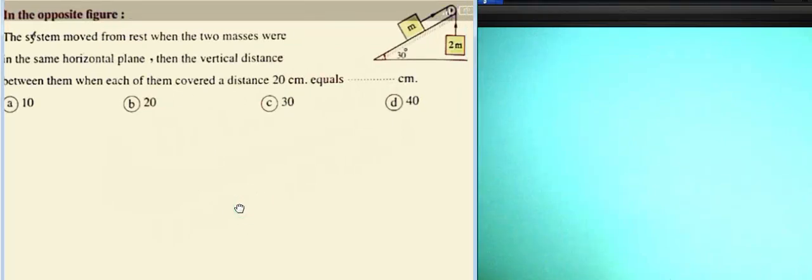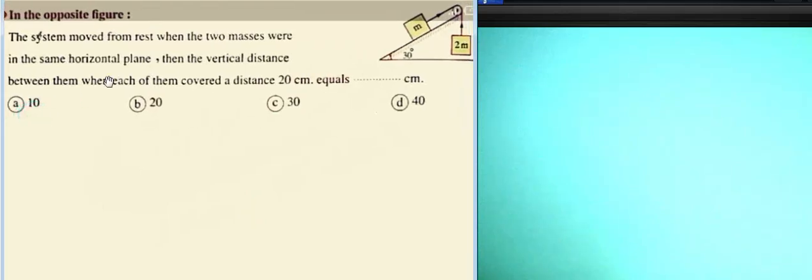Look at the second question here. In the opposite figure, the system moved from rest when the two masses were in the same horizontal plane. Then the vertical distance between them, when each of them covered a distance of 20 centimeters, equals what? He asked about the vertical distance between m and 2m, and he gave us this information: the system moved from rest when the two masses were in the same horizontal plane.